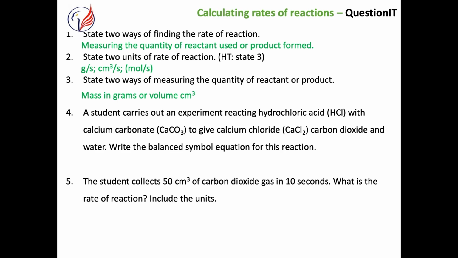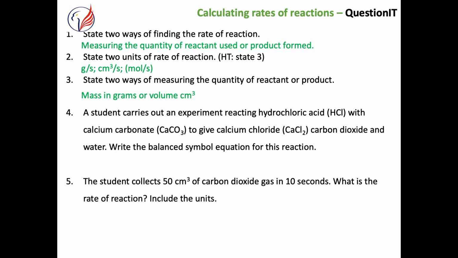Good job! Number 4. A student carries out an experiment reacting hydrochloric acid with calcium carbonate to give calcium chloride, carbon dioxide, and water. Write the balanced symbol equation for this reaction. I believe you still remember how to balance a chemical reaction, because this is very important.